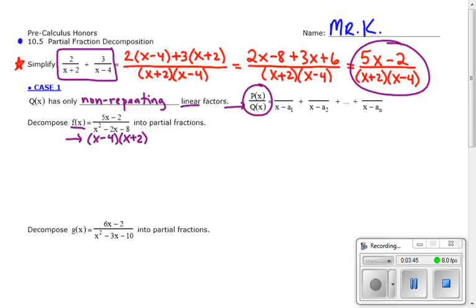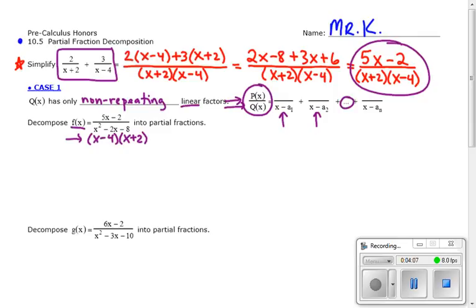That would be an example of repeating. And now, over here, when you have non-repeating linear factors, you're going to break up into a single fraction for each factor. That's the dot, dot, dot.